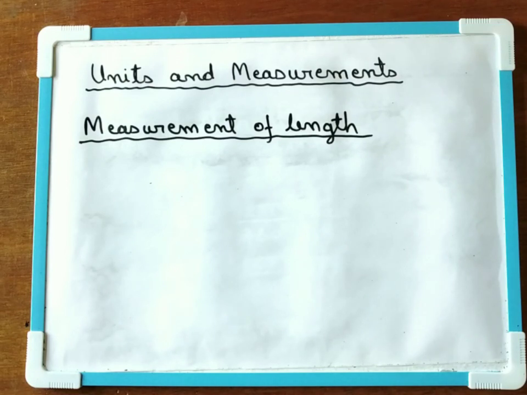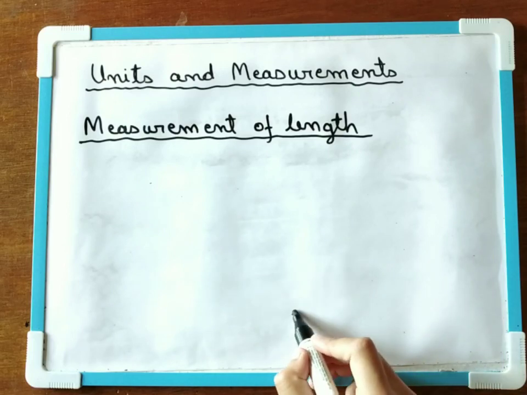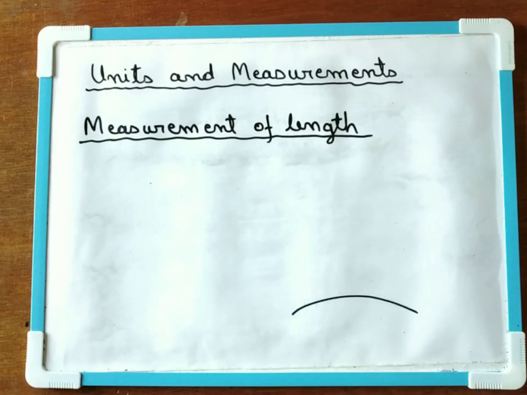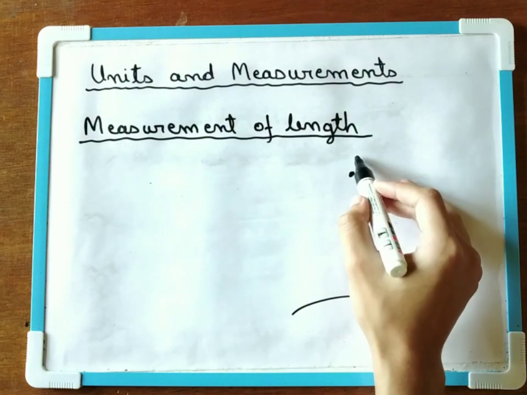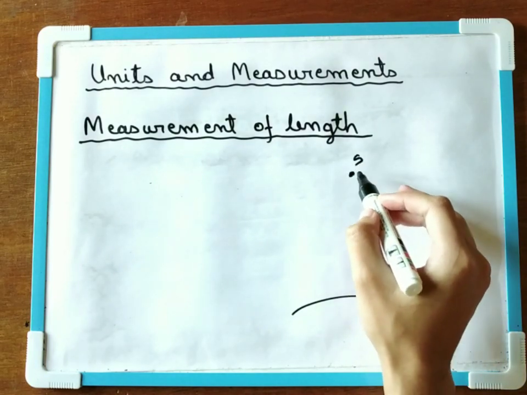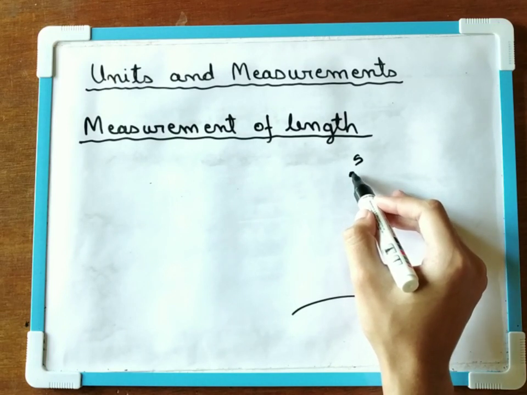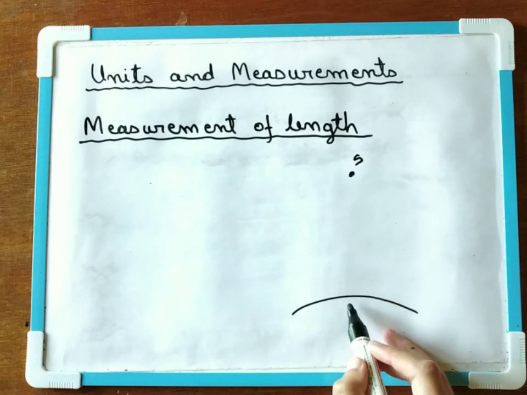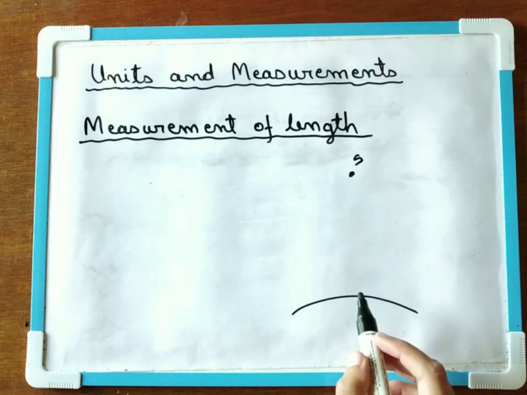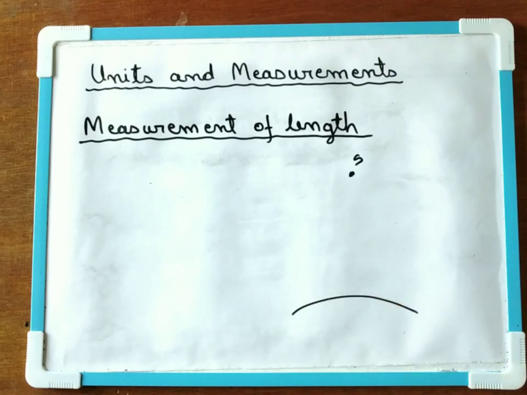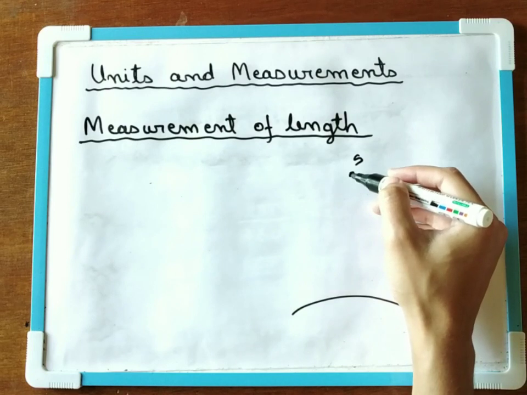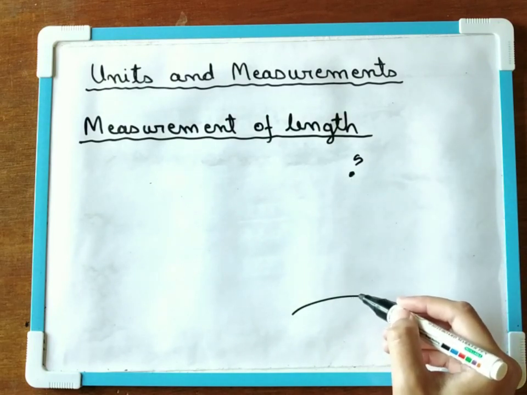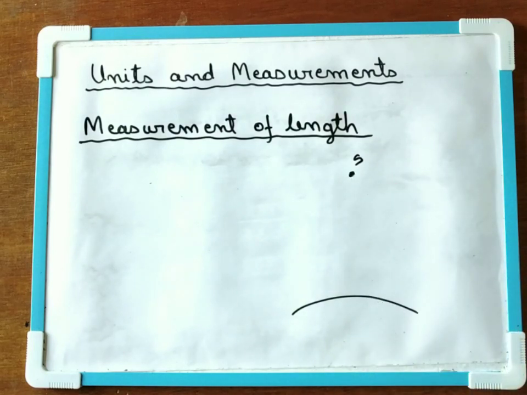For example, we take this as the surface of the Earth, and this is the planet or the star whose distance from the Earth we want to find out. The method that we're going to use is known as the parallax method.